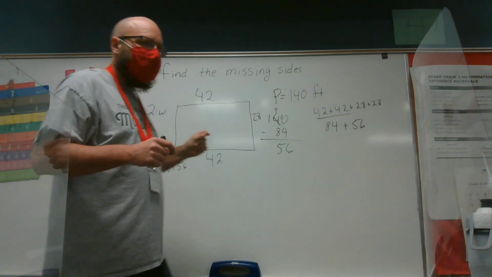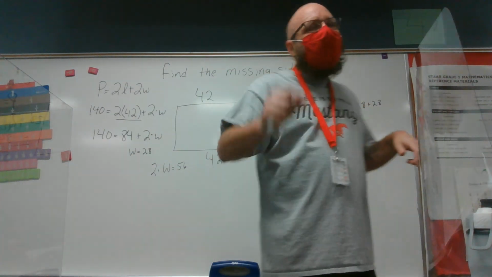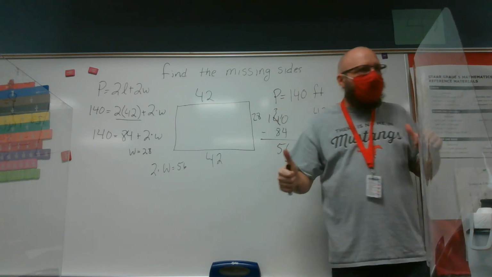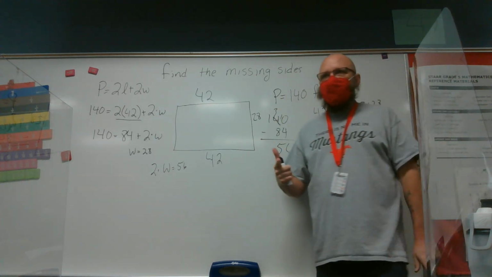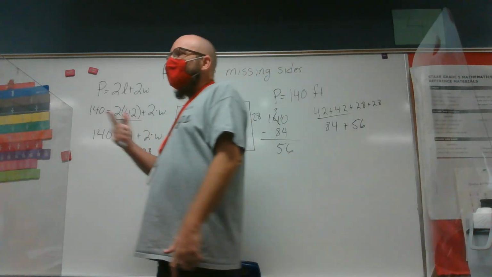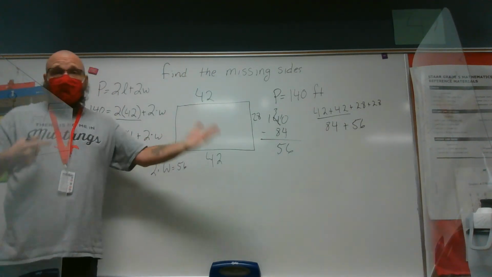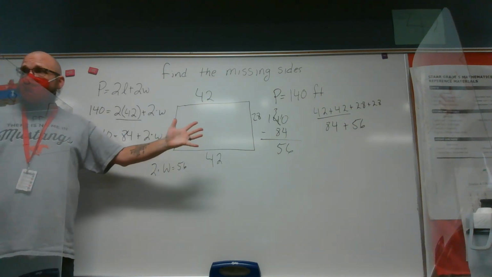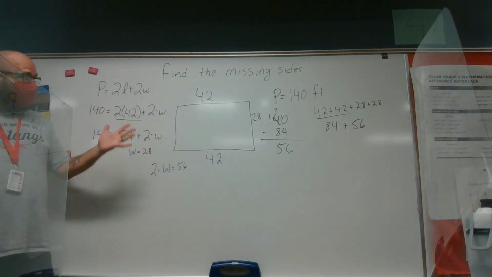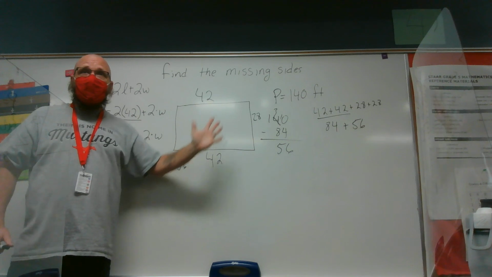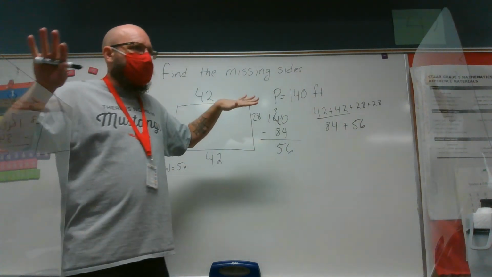This is why I always say, draw a picture, use the formula. If they're just asking, hey, find the perimeter, and they give you the length and the width, or they say, find the area, and they give you the length and the width, easy peasy, raw chicken squeezy.